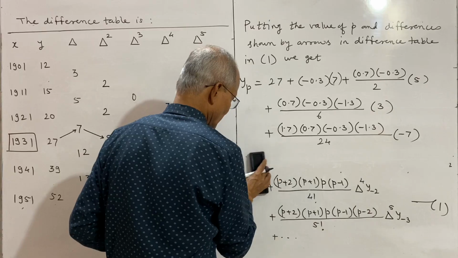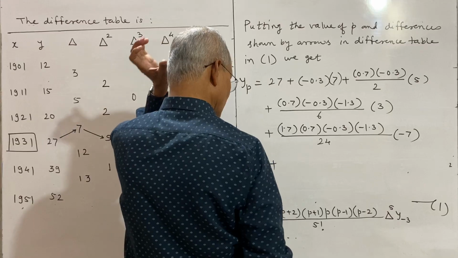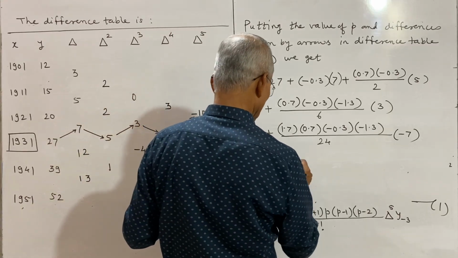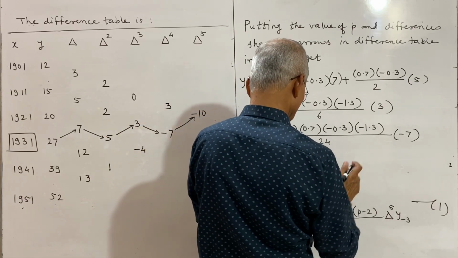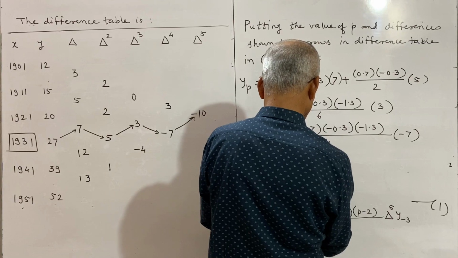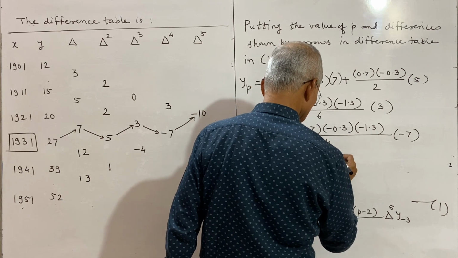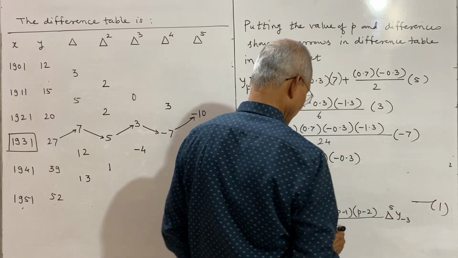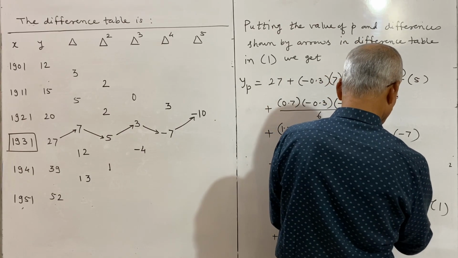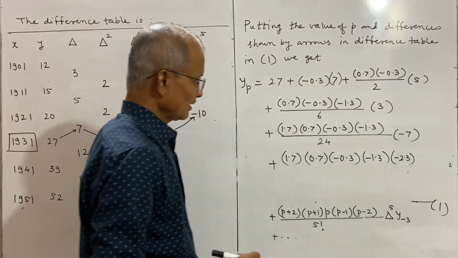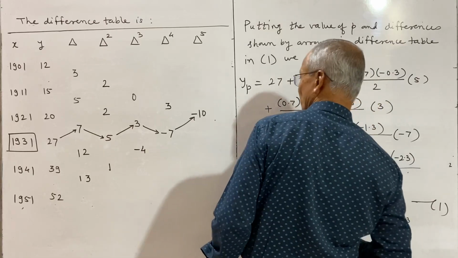And now the next term, the last difference, is plus p plus 2 again, that is 1.7, then p plus 1 is 0.7, p is minus 0.3, p minus 1 is minus 1.3, p minus 2 is minus 2.3, divided by 5 factorial, that is 120, and multiplied by minus 10.